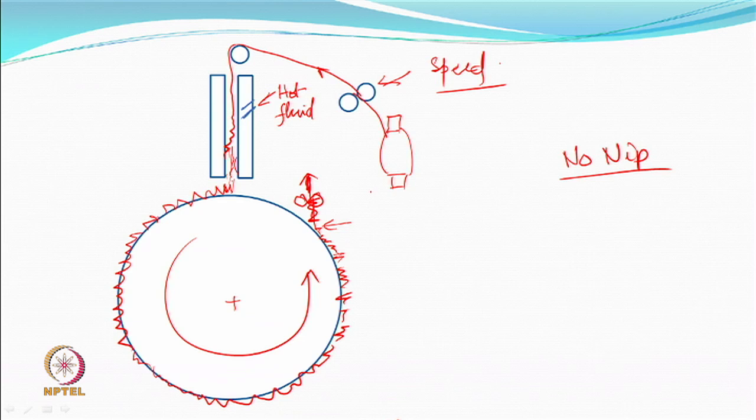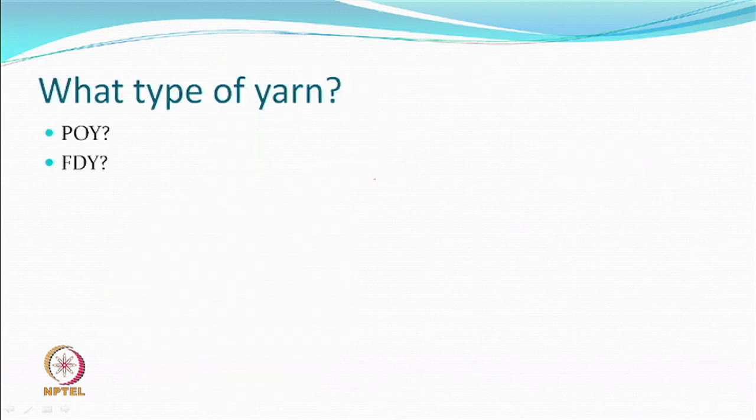Individualization of filaments, individual filaments are striking a wall, bending, and just being cooled slowly. After this, you can do whatever you want to do with this yarn. So, you get a BCF yarn here. What type of yarn would be feeding here in this jet?